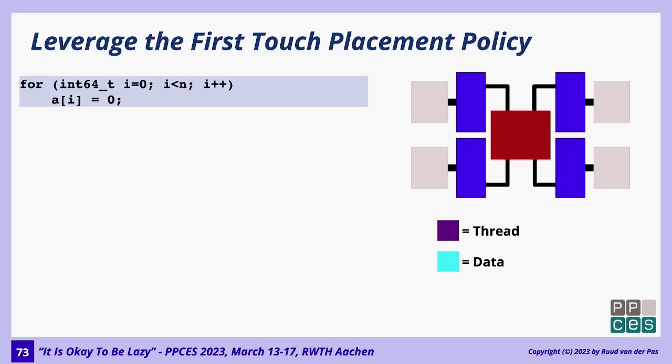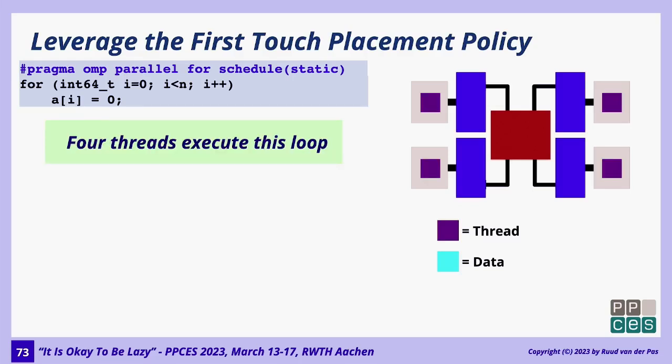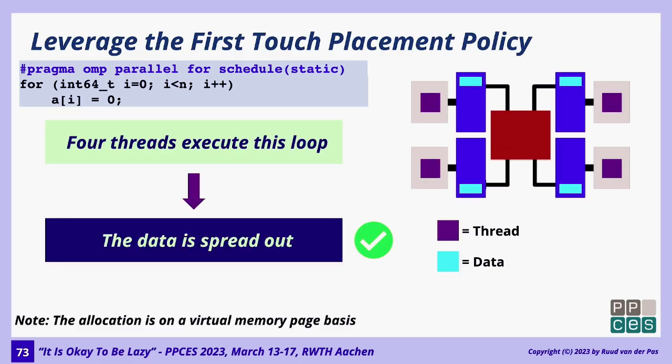Now, how do you fix that? Well, you parallelize that loop, and you know that with the static schedule, threads will slice up the iteration space, so they all initialize a portion of that vector, and then you get this situation. Let's say you're running this on 4 threads. They all get a slice of that vector in their memory.